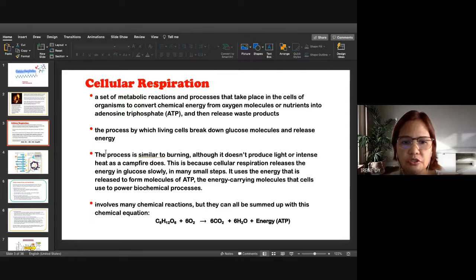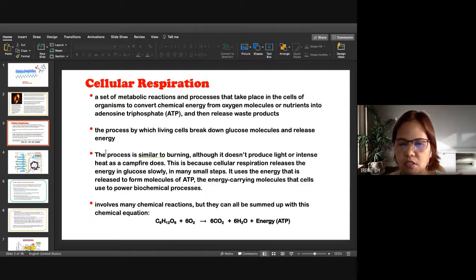So it uses the energy that is released from molecules of ATP, which is called the energy-carrying molecule that is used to power biochemical processes. So here involves many chemical reactions. Actually, I always say to my students, cell respiration is the opposite of photosynthesis.